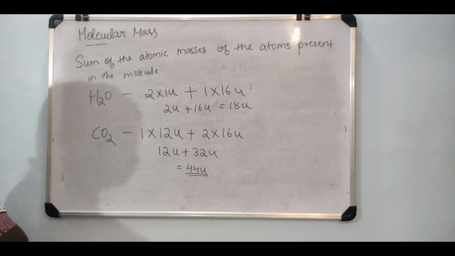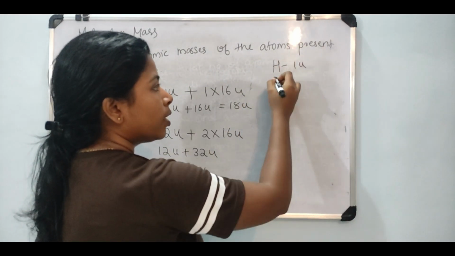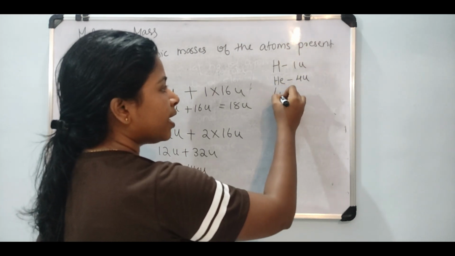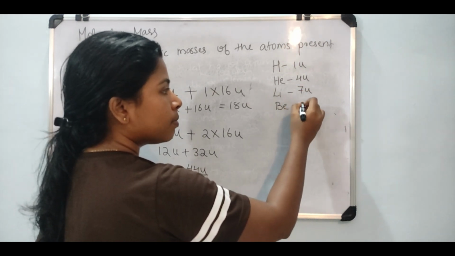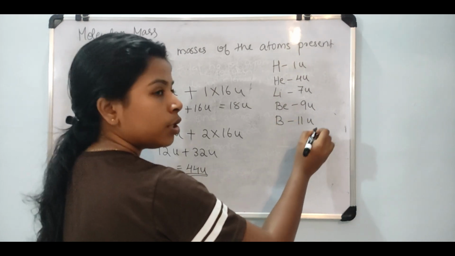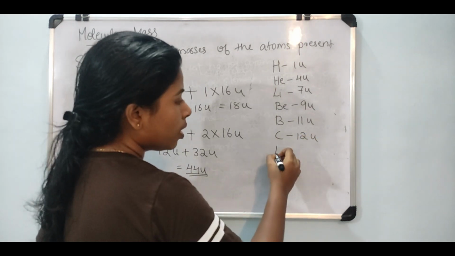You will get that from the periodic table. What is atomic mass of hydrogen? It's 1U. Helium 4U. Lithium 7U. Beryllium 9U. Boron 11U. Carbon 12U.